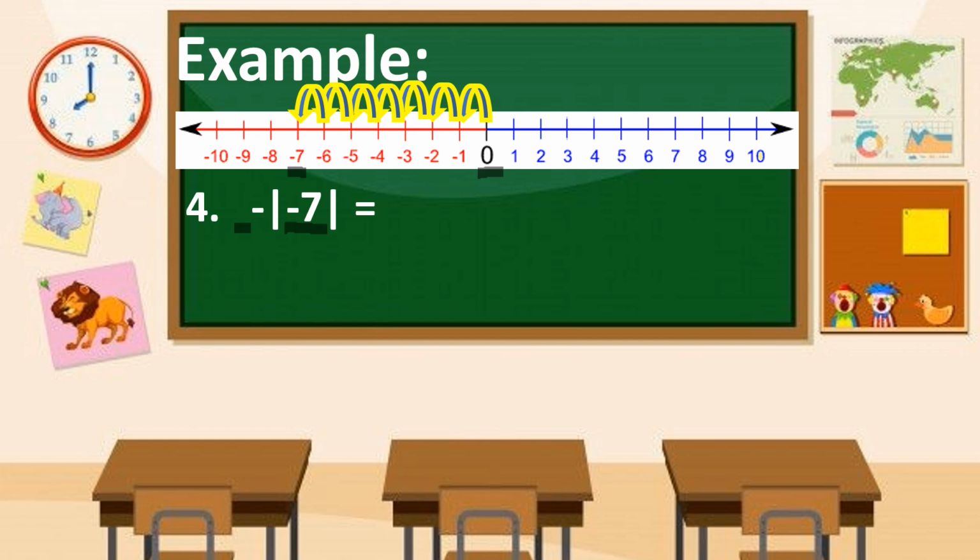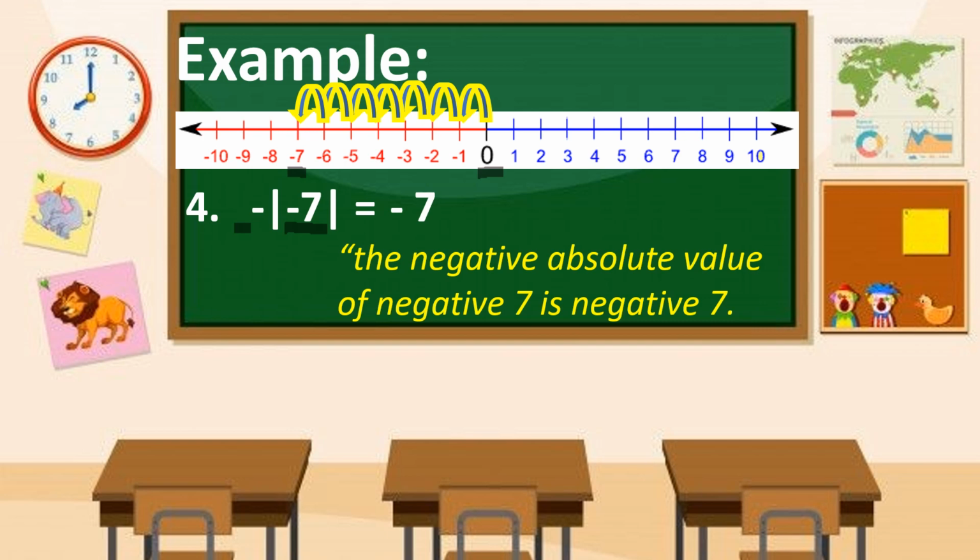So if we are going to get the negative absolute value of negative 7, just like from the previous example, copy the negative sign, so you have here negative 7. This is now to be read as the negative absolute value of negative 7 is negative 7.